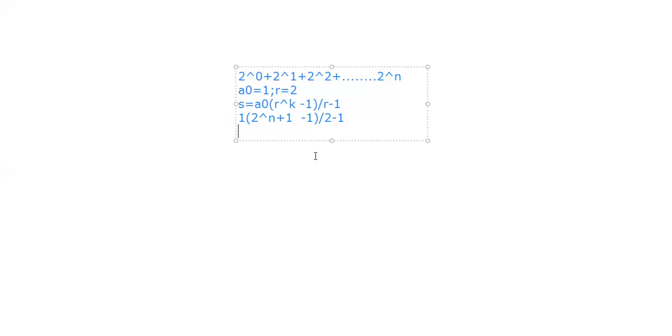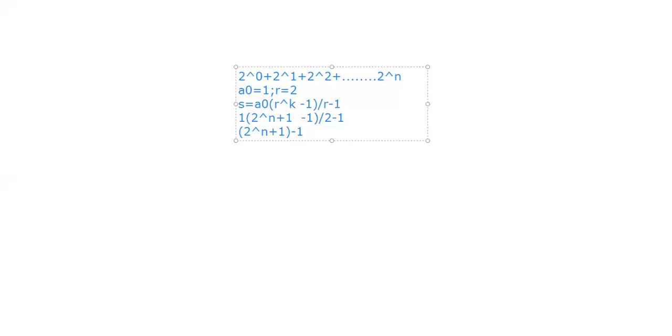So the total value is 2 power of n plus 1 minus 1, by 2 minus 1 which is 1, so we don't need to write the division by 1.